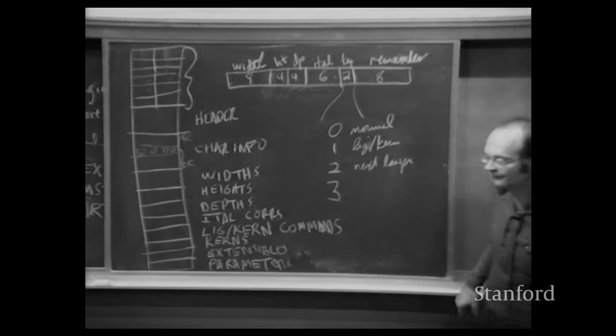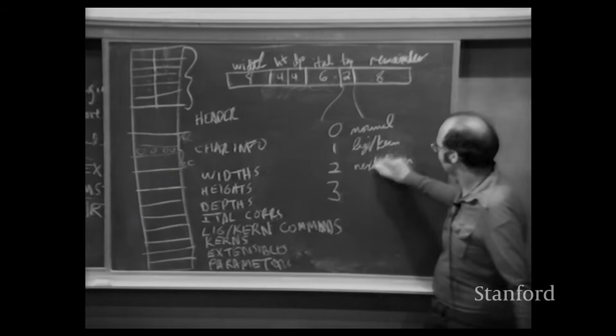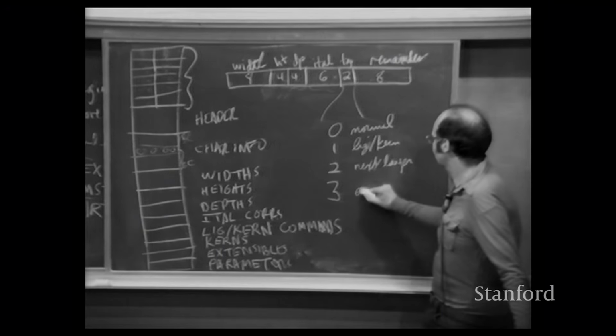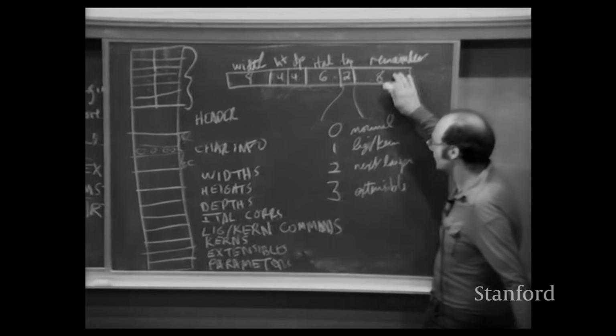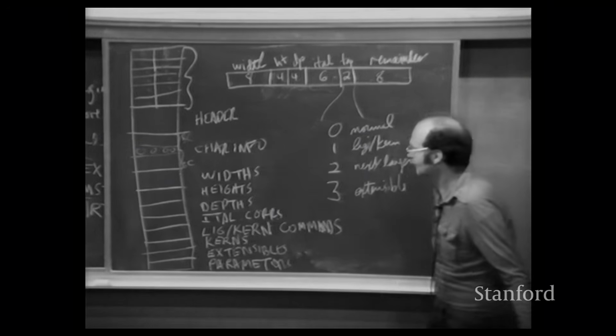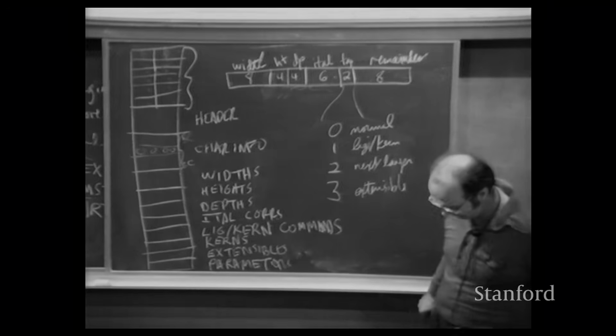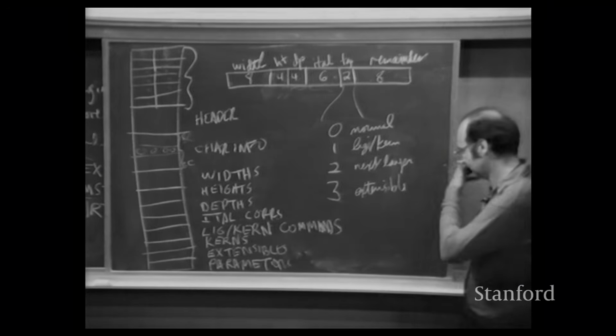So we can have lists of characters. And the third case is for an extensible character. In that case, the remainder field is a pointer into the extensible recipes for making up extensible characters.